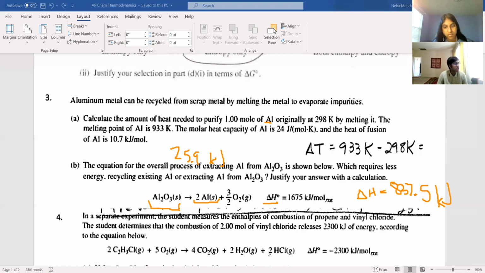Should I search this question up online and see if we can find a solution? Yeah, sure. Okay. Scrap metal by melting the metal to evaporate impurities. Calculate the amount of heat needed to purify 100 mole. Okay, that should be enough to switch it up. Oh, it's on Chegg, and I'm not going to get a subscription.